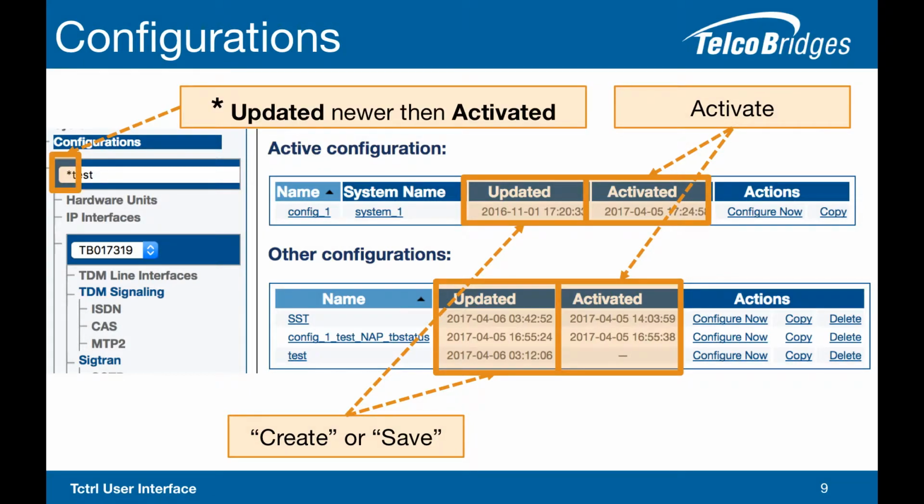In the left menu, in the drop-down menu of all configurations, an asterisk is prepended to the name of a configuration which has updated date and time newer than its activated date and time. This visual indicator helps to identify modified configurations that have not yet been applied to the system.